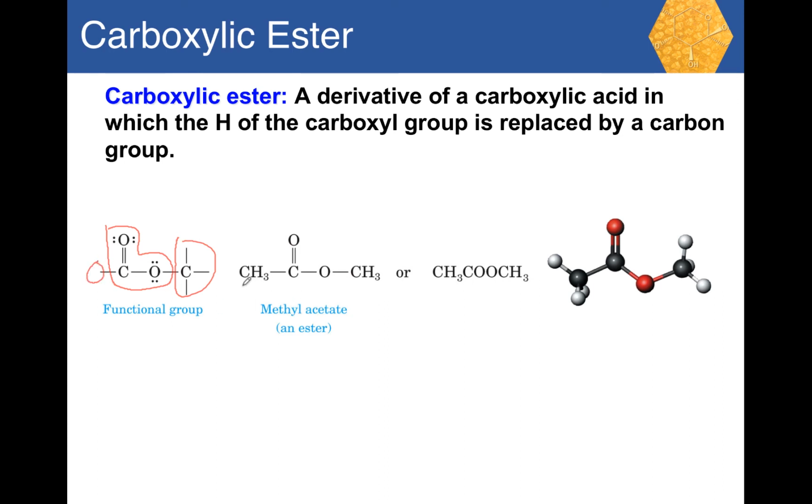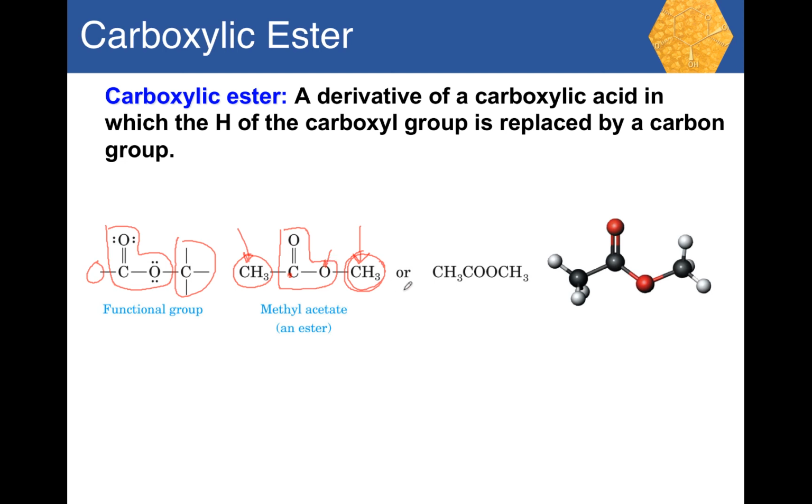A specific one here is methyl acetate. Here is the ester functionality, and it's bonded to a carbon R group and a carbon R group back here. So let me be a little more specific. This carbon R group is bonded to the carbon of the carbon oxygen double bond, and this carbon R group is bonded to the oxygen of the ester functionality.